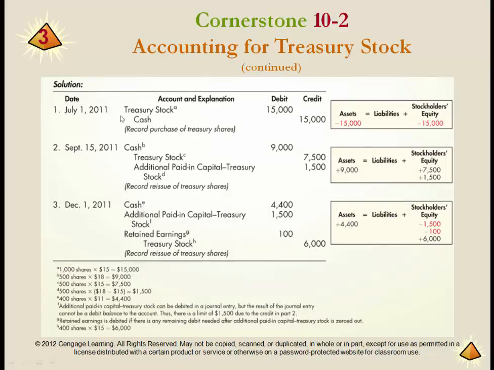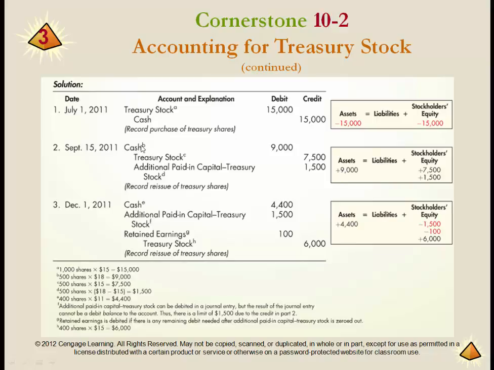The first one, here's what we talked about earlier. They bought 1,000 shares of treasury stock and paid $15 per share. So they credit cash and they increased this treasury stock, which is a contra equity account, by $15,000. The next one, they sold treasury stock and they made money on it.